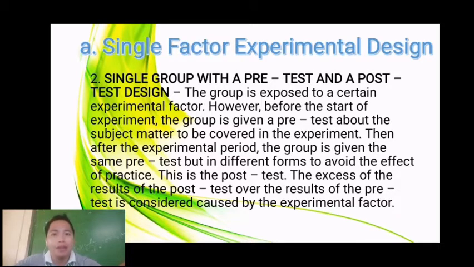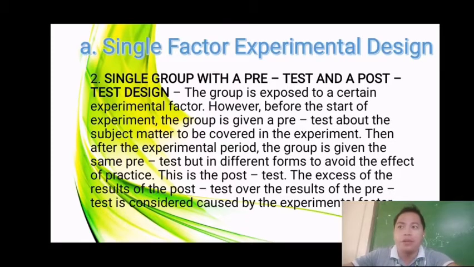After the experimental period, the group is given the same test but in a different form to avoid the effect of practice. This is the post-test. The excess of the result of the post-test over the result of the pre-test is considered caused by the experimental factor.